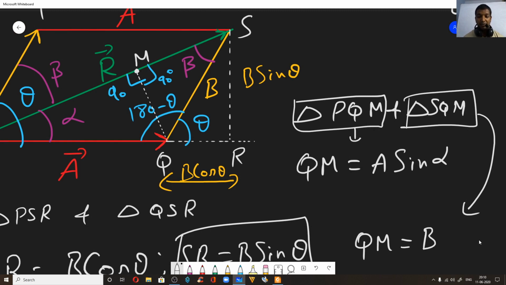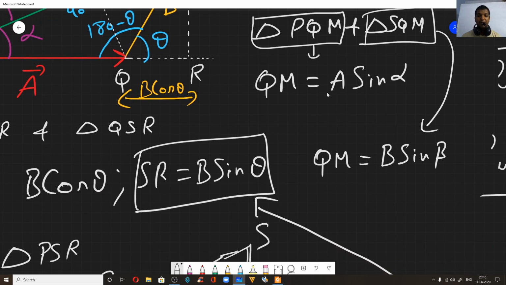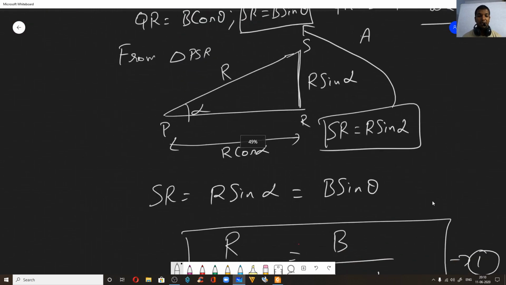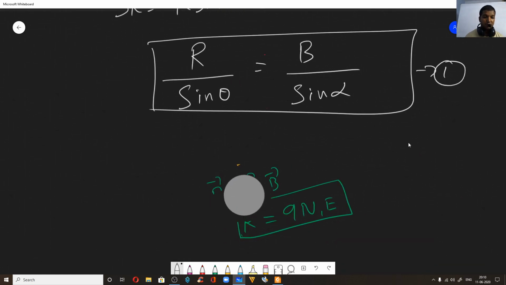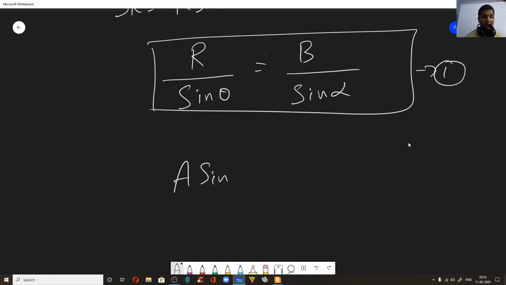SM will be B cos beta, and QM will be B sine beta. Now from these two, you get A sine alpha is equal to B sine beta.